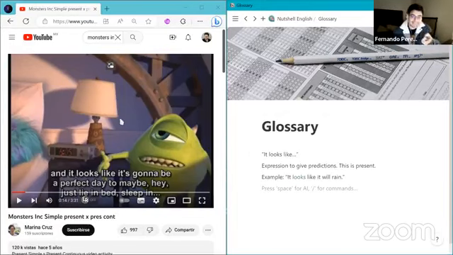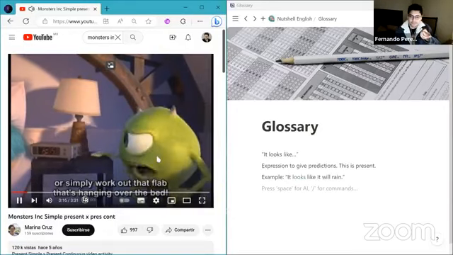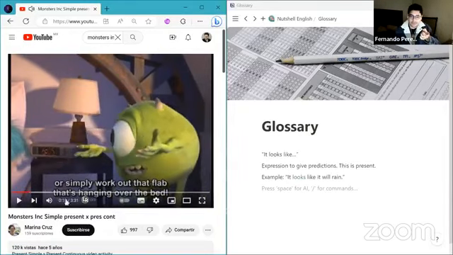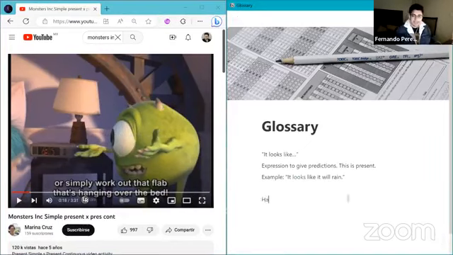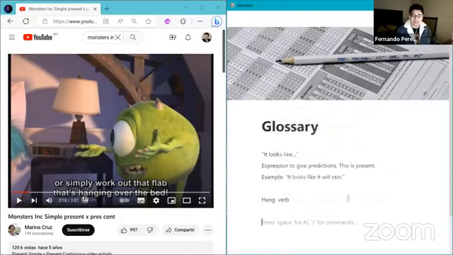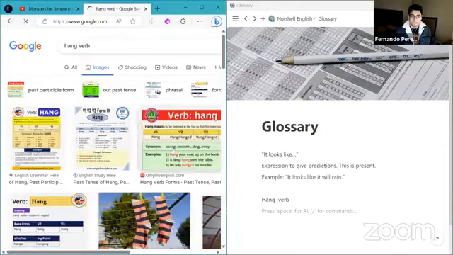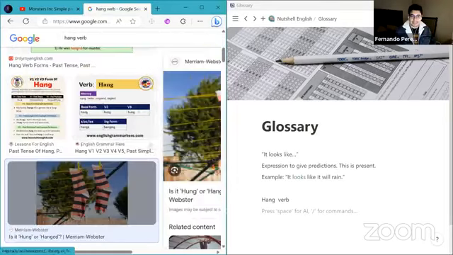But in the next example, we have that flap that's hanging over the bed. We have the verb hang, which is a verb, and it means to hang.